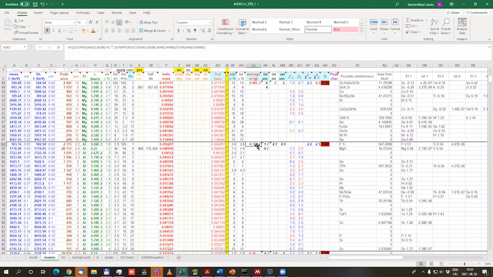This number is the weighted average of all lines that you select. You can do selection and unselection with this star symbol. So if, let's say, I want to get rid of this line, then I remove this star, and the program will recompute.